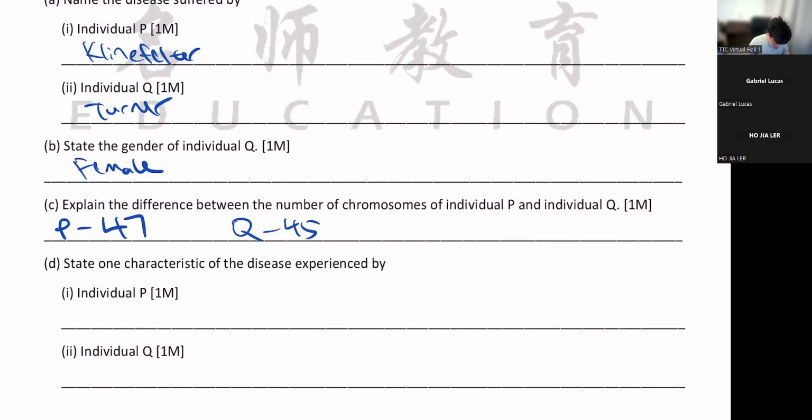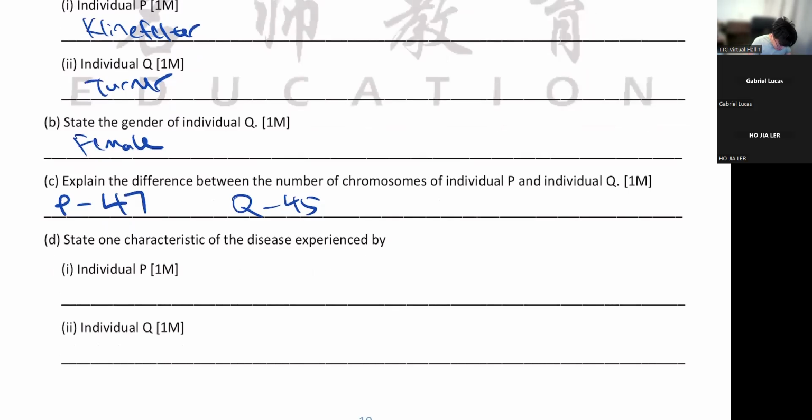So P, Klinefelter, you have breast development. Breast as in real breast, not your chest muscle. There's a difference between your chest muscle and your breast.